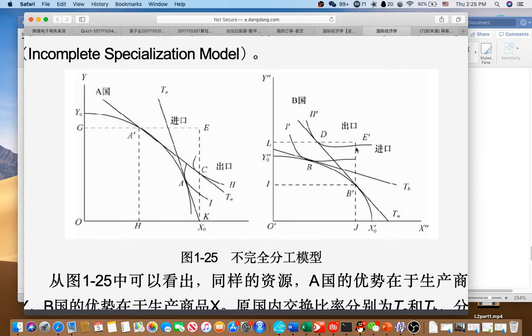And the import is between the consumption and the production, B prime and E prime. The indifference curve shifts outward to 2 prime, which means the welfare is better off.